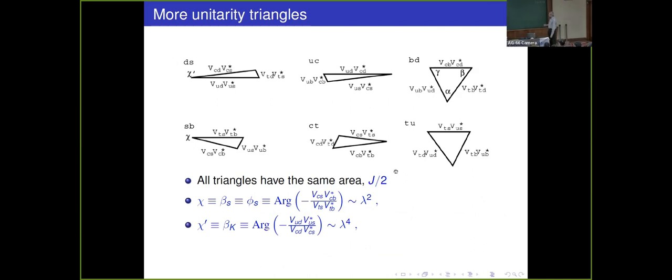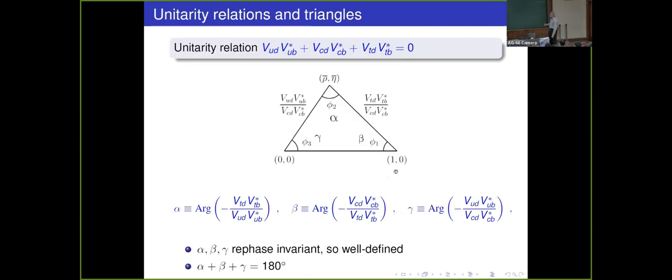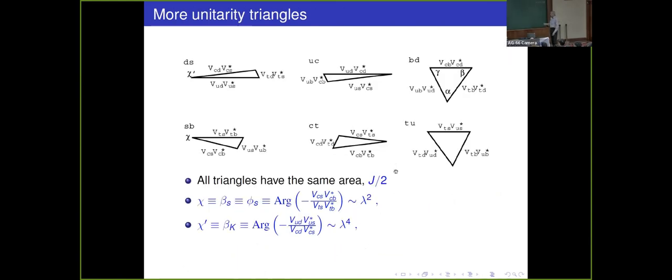This was just one triangle, but UU dagger equal to 1 actually has 6 such relations, and there are 6 such triangles. In principle, constructing each of these triangles would give you a different test of CP violation. But as we will see, just one triangle is enough to tell us a lot about what we can measure. This is the most explored triangle because all 3 sides are of approximately similar order of magnitude, so it is easier to measure.